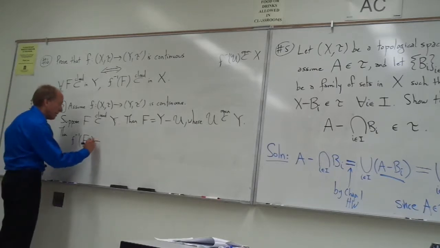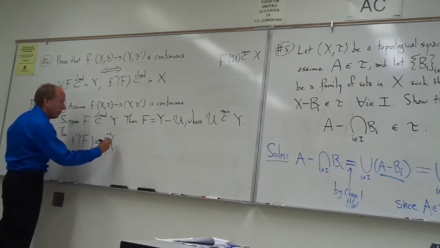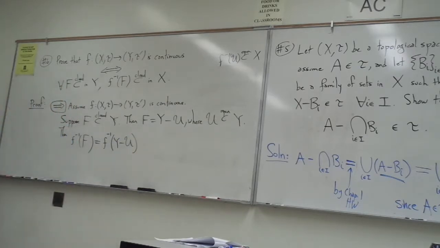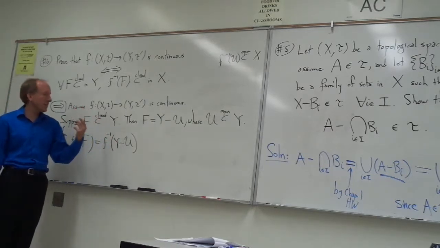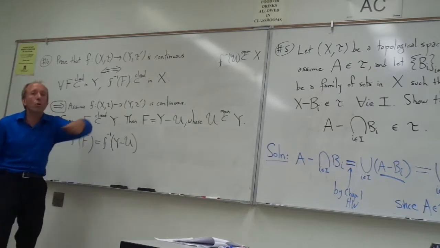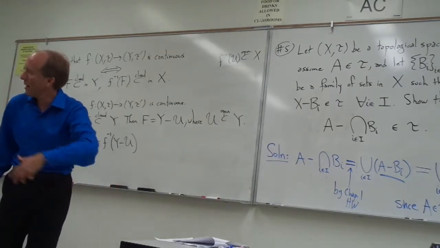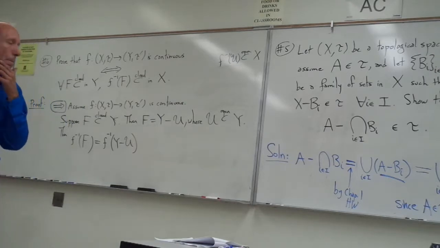So now this is the pre-image of Y minus U. This would be the elements of X that don't get mapped into U. They get mapped outside of U somehow.